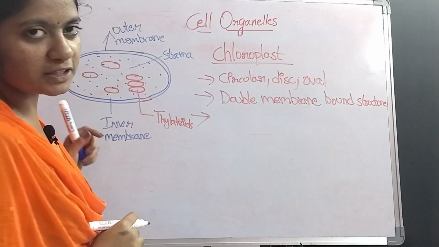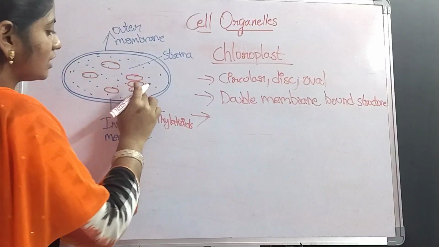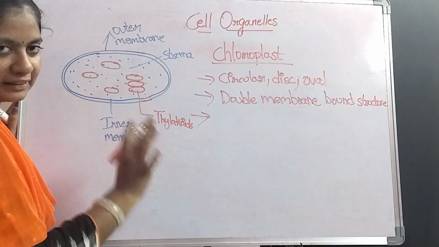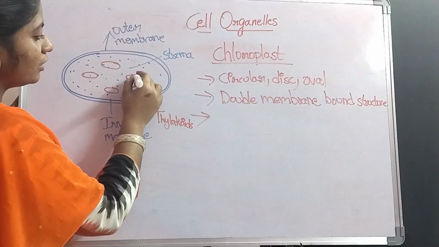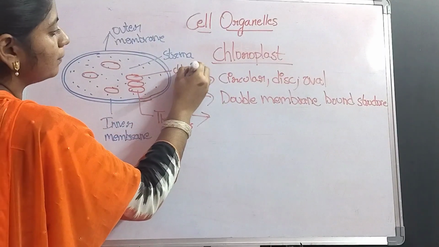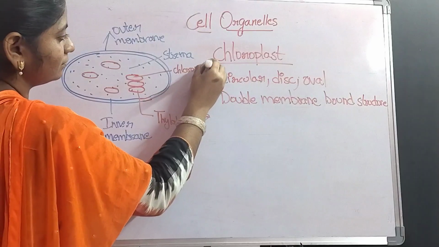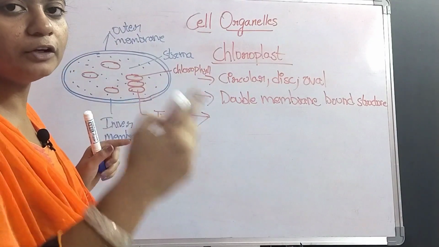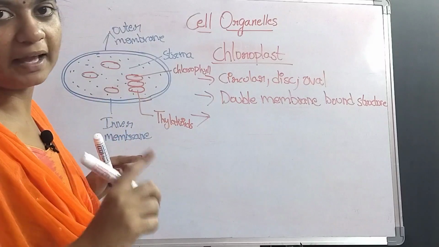What is the function of these thylakoids? The sac-like structures which are observed in the stroma of the chloroplast are called thylakoids. Inside the thylakoids, chlorophyll pigments are present. So what is the function of the chlorophyll here? The chlorophyll gives green color to the plants.